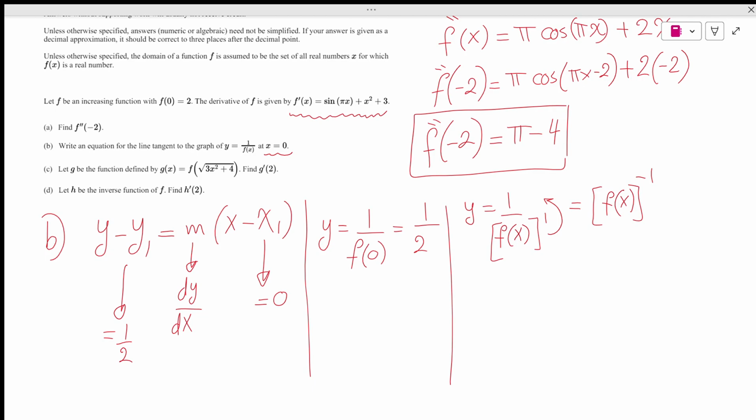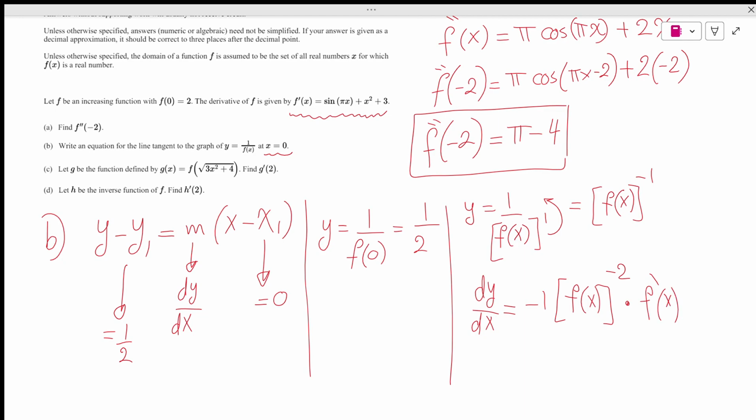I'm just rewriting it so that it looks easier when we differentiate. So the derivative of y will be dy over dx, and you will apply the chain rule here. So negative 1 bracket, we keep the inner f of x, and we decrease the power by 1, times the derivative of the inner, which is going to be f prime of x.